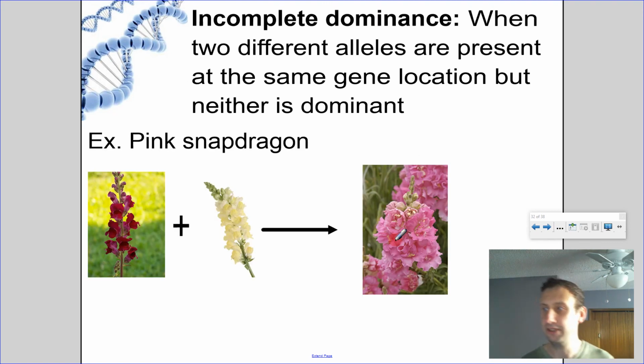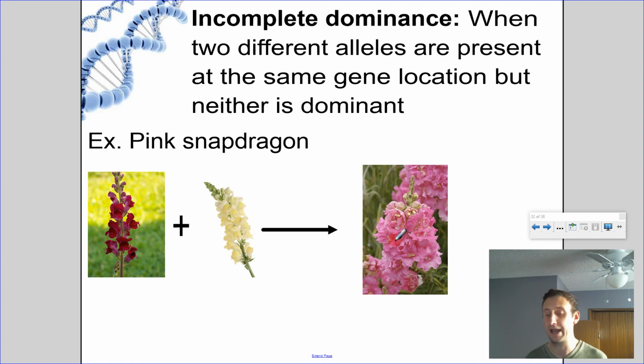Okay, incomplete dominance. Incomplete dominance is when 2 different alleles are present at the same gene location, but neither is dominant. We're not going to get very into this, but there are some traits that have incomplete dominance, so both show up. So if I take a red snapdragon and a white snapdragon, then they actually have incomplete dominance and they end up showing as pink.